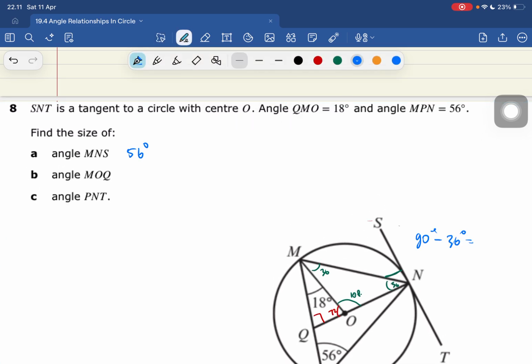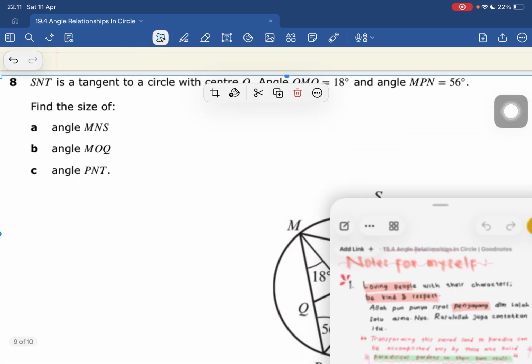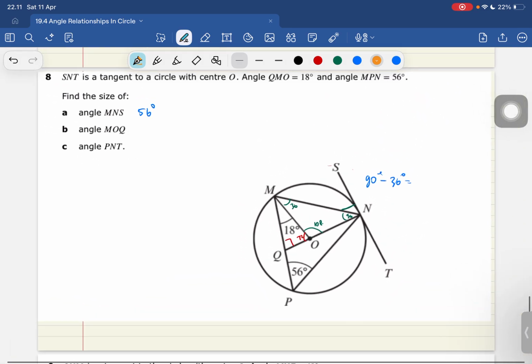Next, MOQ. Where is M? Sorry, apologize. MOQ.